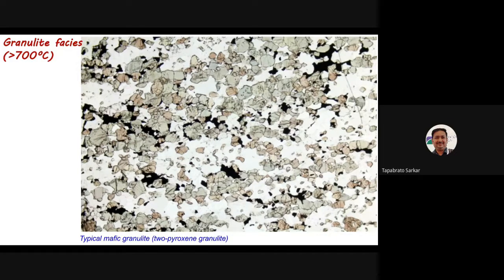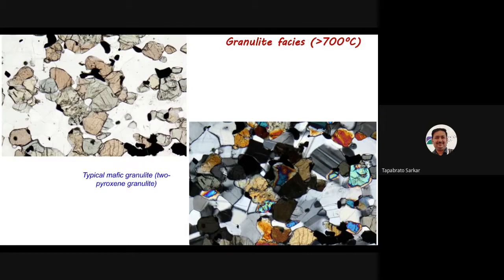Yes, I think these brown minerals are orthopyroxene. These green ones are clinopyroxene, and the colorless ones are all plagioclase. This is how it looks under the microscope. More closely, these are the orthopyroxenes, these are plagioclase, and these are clinopyroxene, the green ones.